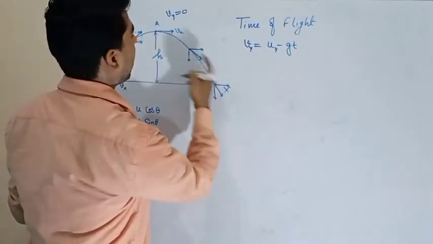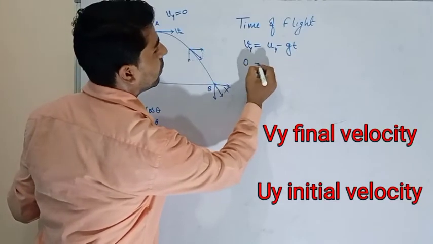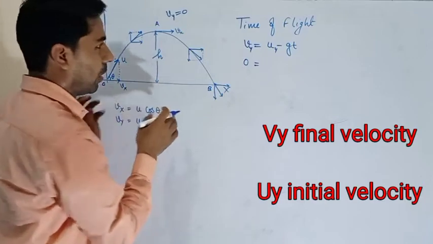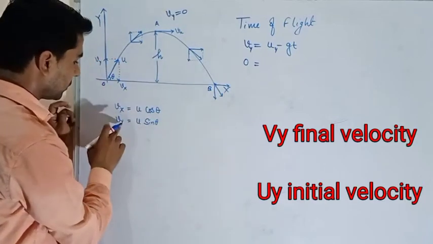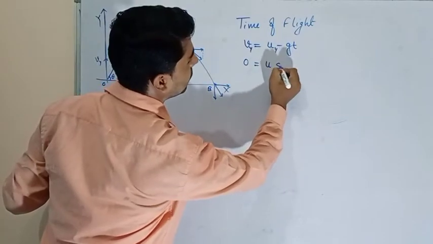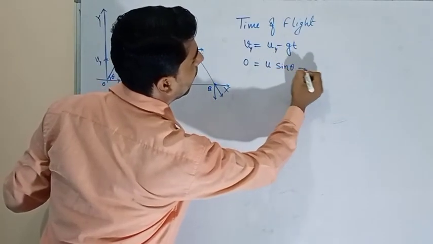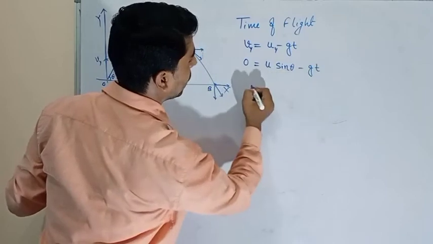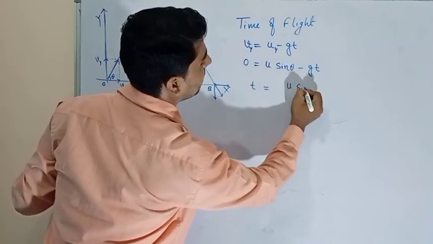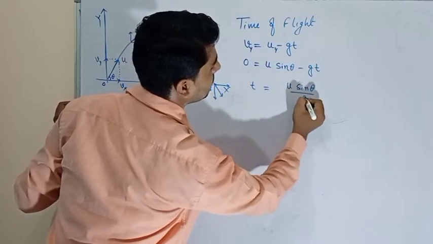So vy at this point will be 0, and uy, the vertical velocity at this time, is u sine theta, minus gt. So t will be equal to u sine theta upon g.